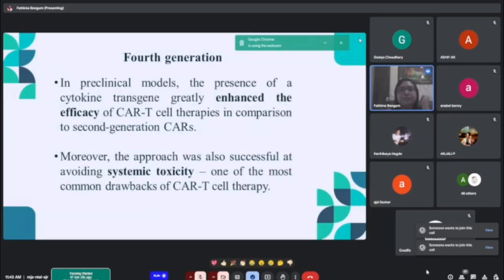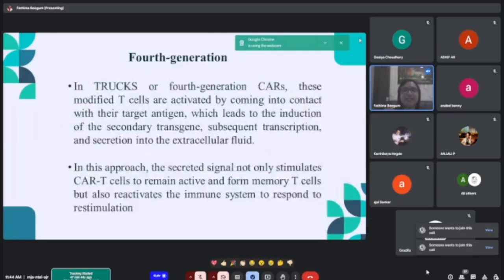Coming to the fourth generation, it also has enhanced efficacy, and then less systemic toxicity is there.